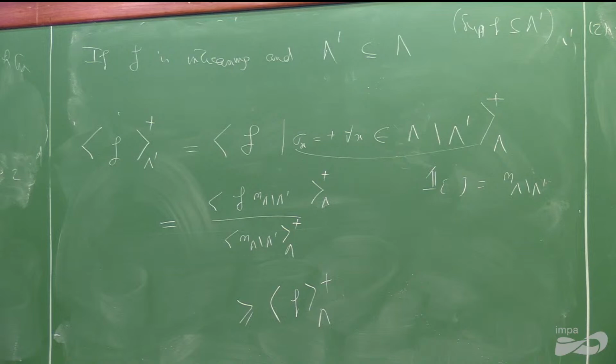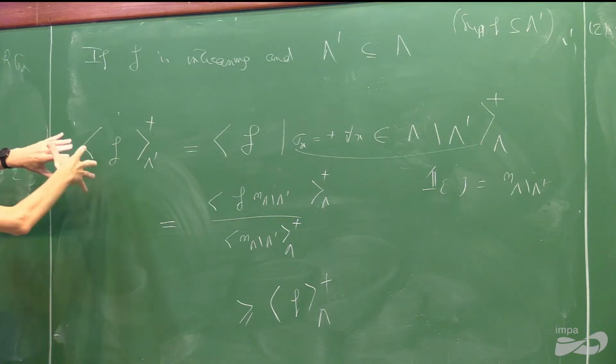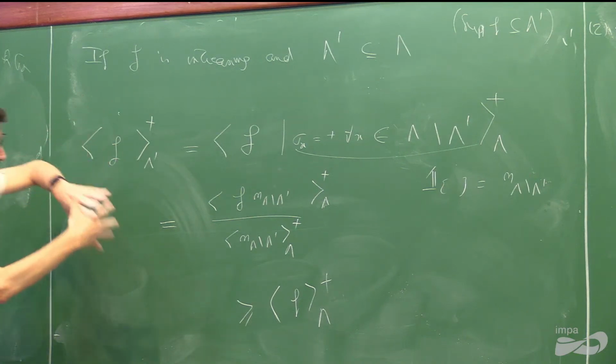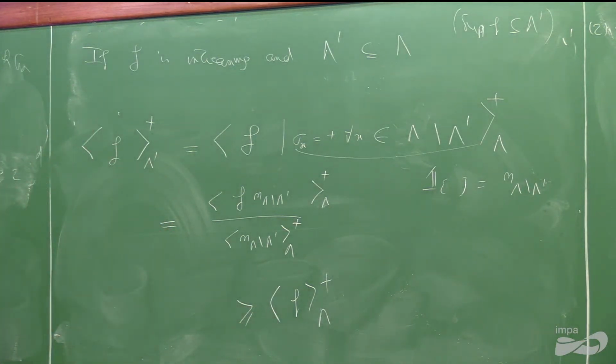And therefore, by the FKG inequality, the expectation of an increasing function under the measure in the smaller box is larger than the expectation of that increasing function in the larger box. Okay? So if you have an increasing function, then along a sequence of increasing boxes, the expectation of this function is decreasing.